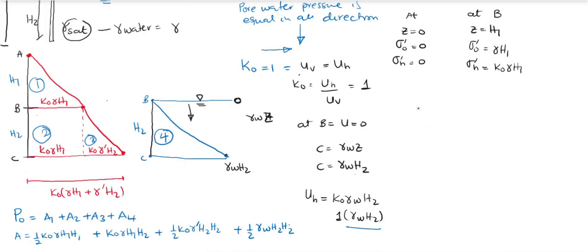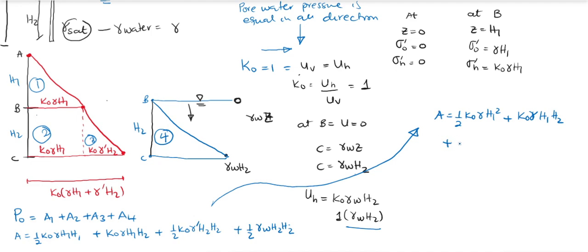And so if I put them together, let me put an arrow here. We are continuing here. If I put them together, I'm going to get 1 over 2 K naught gamma H1 squared plus K naught gamma H1 H2 plus 1 over 2 K naught gamma prime H2 squared plus 1 over 2 gamma W H2 also squared.